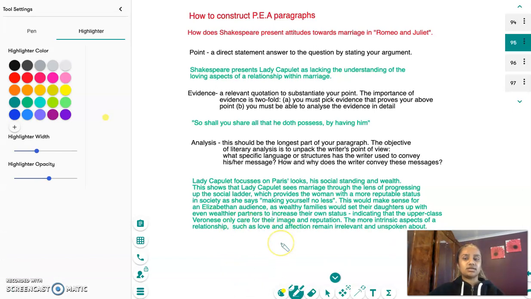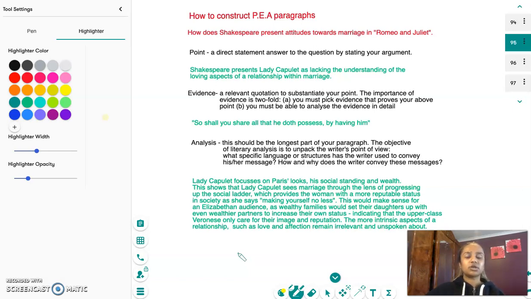So what I've done here is I've integrated my context with analysis. So what is context? Context is the social, political and economic climate at the time the play was published. And these issues really underpin and influence the writing at the time.